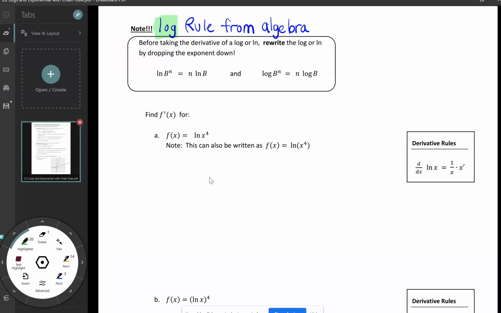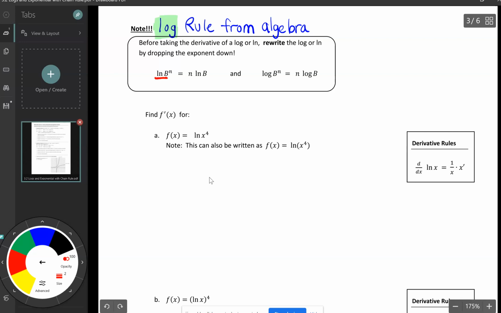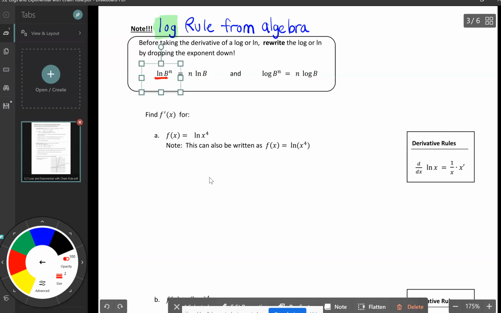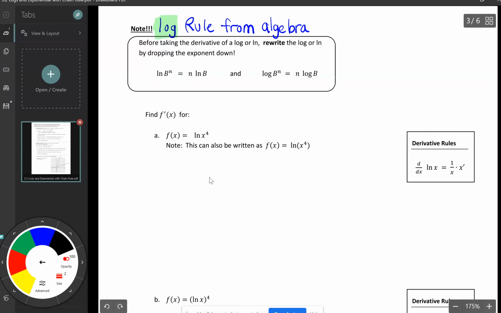So because of that, we have this rule in algebra that says this. Okay, it says if you have a log, you're taking the log of something, it can be a natural log or an LOG log.